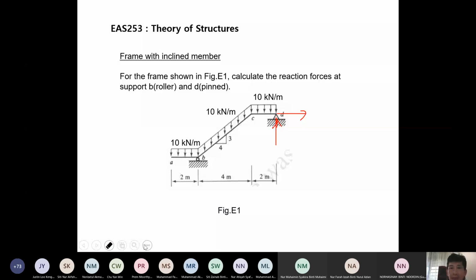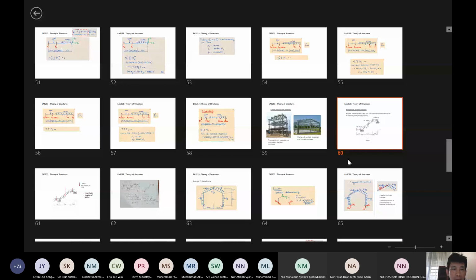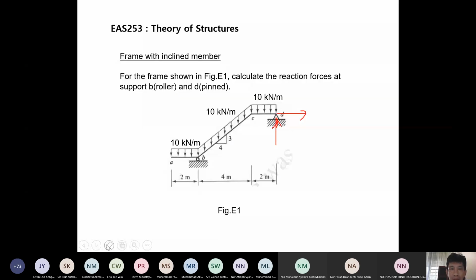And at point B here, we have one vertical. Horizontal, immediately we know it is zero because there are no other loads acting in the horizontal direction, all vertical. So only thing is, what is Dy here? What is By? So this is for you to think about, and then when I meet you again tomorrow, we will go through this frame where the members are inclined in more detail.